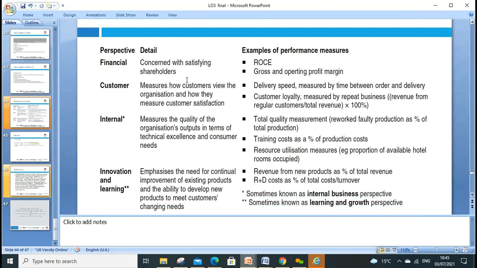That's how you can measure the performance. For innovation and learning, revenue from new products as a percentage, how much money we spend on research and development. That's the internal business perspective and learning perspective.